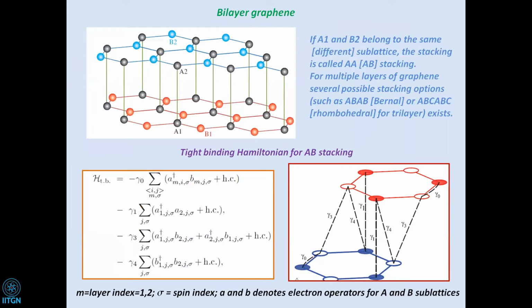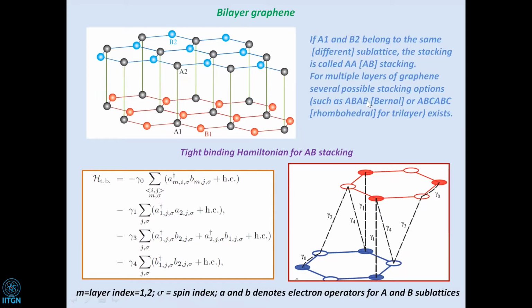Okay, so bilayer graphene are two stacks of graphene honeycomb lattice placed on top of each other. Now clearly there are different choices here. First is that I can take the second layer, which is right here, and put a sublattice of the second layer over a B sublattice of the first layer. Or I could put a sublattice of the first layer, which is given by A1, over an A sublattice of the second layer, which is given by A2.